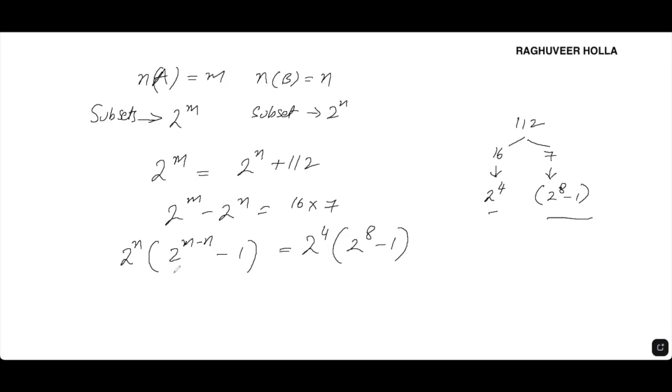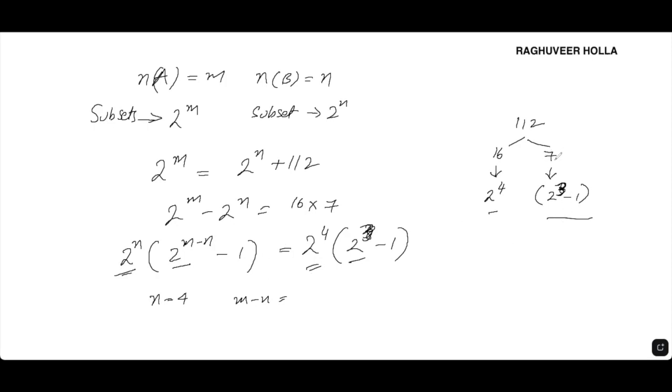Now compare this here. So you get n as 4 when you compare this with this. M minus n is 2 to the power of 3, sorry, 2 to the power of 3 is 8.